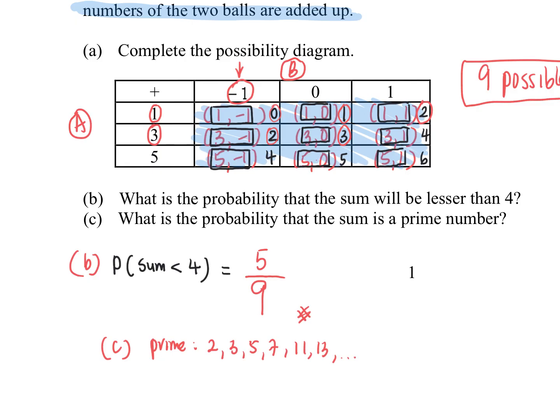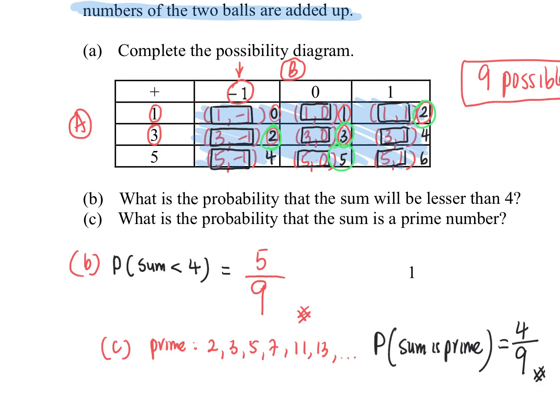So if you look for prime numbers, you have 2, 3, 5. So 4 of them in total. So the probability that the sum is prime is 4 out of 9. We usually leave your answer in fraction or decimal, rarely percentage unless they ask.